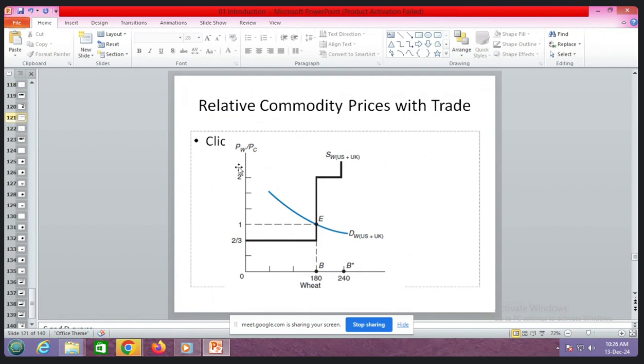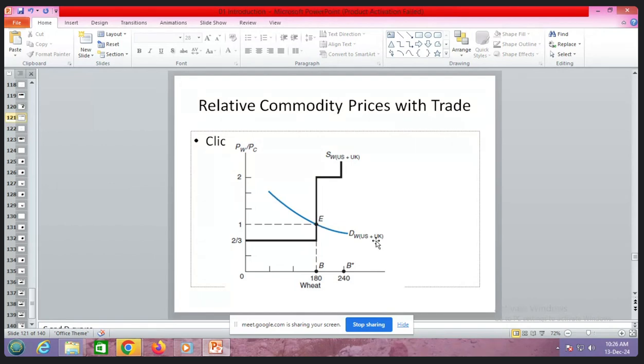And when the price becomes 2, we can add another 60 units which can be produced by the UK. So this is the production that can take place, and again the supply curve becomes vertical. That's the reason why you have this supply curve like this. The production at the 2/3 price is 180 and at price 2 becomes 240. This is the only available supply in the world.